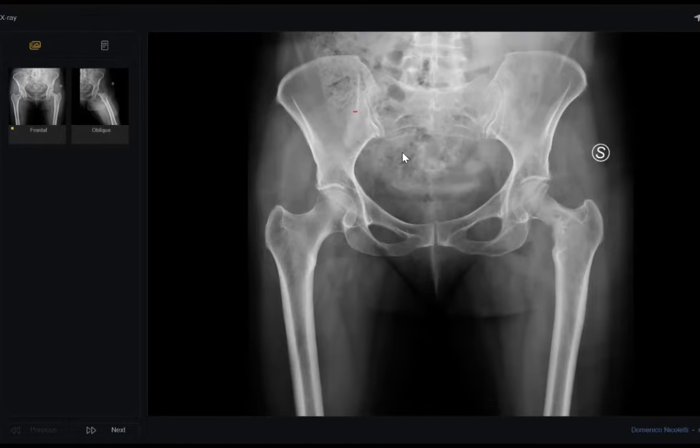I can appreciate that there is sclerosis of the left femoral neck region, as well as the intertrochanteric area, and reduced diameter of the left femoral neck. There is some mild adjacent soft tissue swelling noted. I cannot appreciate any fracture. There are mild degenerative changes in bilateral hip joints.